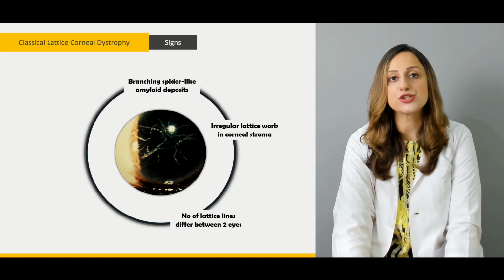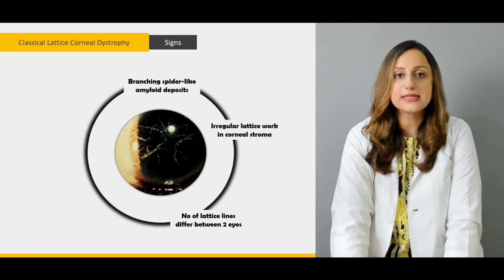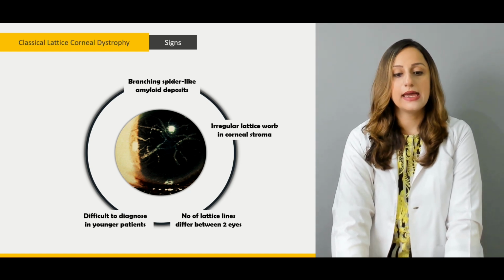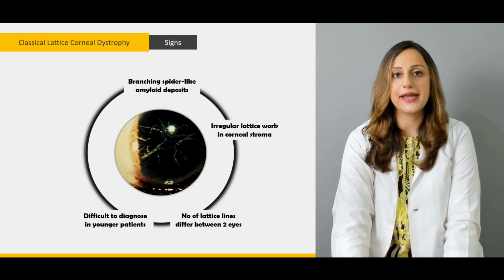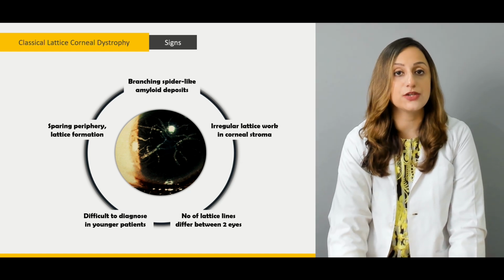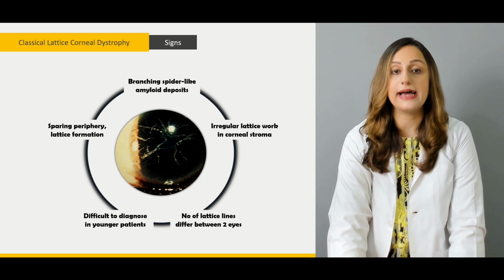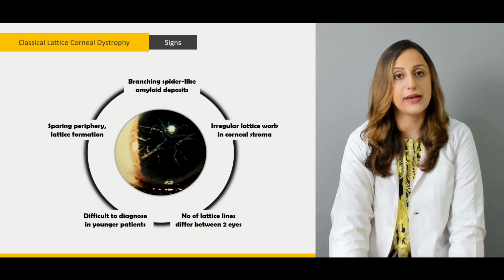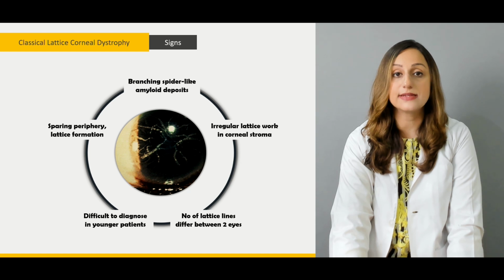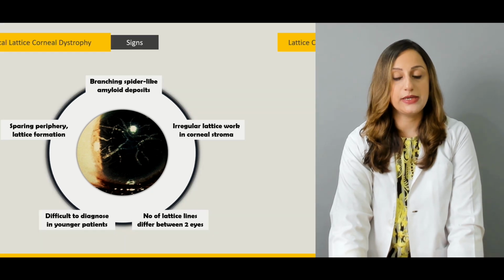So it's again very important to note the differences of the lattice work degeneration in both of the eyes. It is sometimes quite difficult to diagnose this kind of patient, and the most peculiar features of this dystrophy are the lattice work and the sparing of the periphery. That is quite an important feature for this kind of lattice work dystrophy.